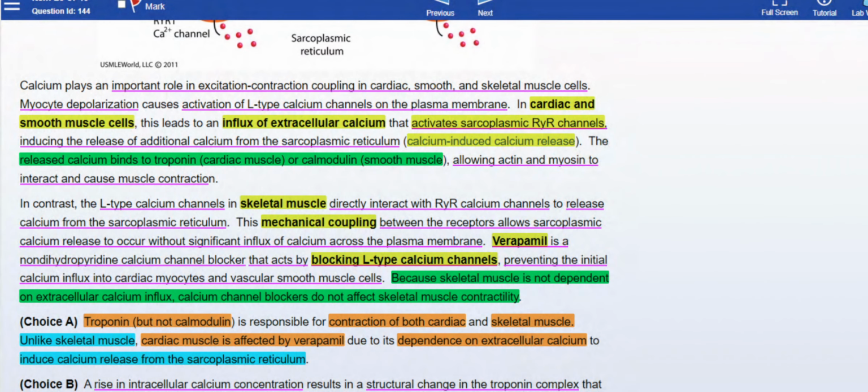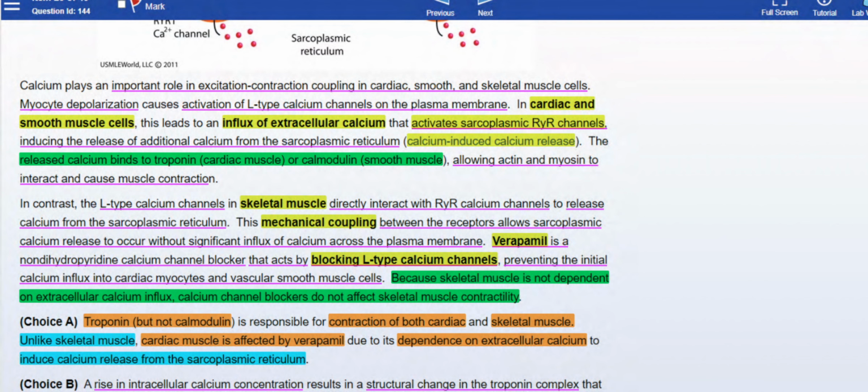So calcium plays an important role in excitation contraction coupling in cardiac, smooth, and skeletal muscle cells. Myocyte depolarization causes activation of L-type calcium channels on the plasma membrane. In cardiac and smooth muscle cells, influx of extracellular calcium activates sarcoplasmic reticulum RYR channels, inducing the release of additional calcium from the sarcoplasmic reticulum. That is calcium-induced calcium release.